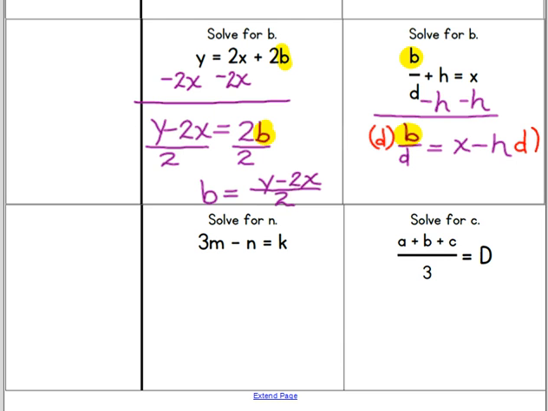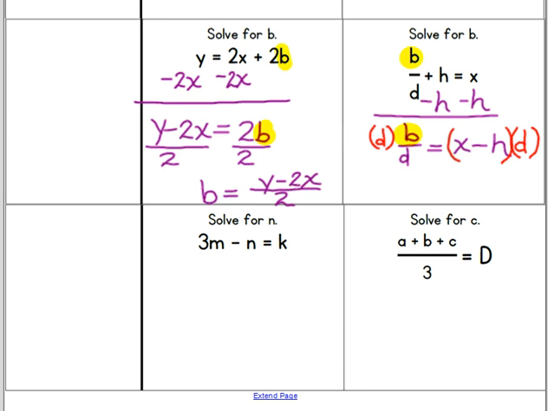But what's important to remember is that if you leave it like this, then this means x minus h times d. But you need to multiply d by everything that's over on the right side of the equation. So you have to have parentheses around this x minus h for it to be a true statement.